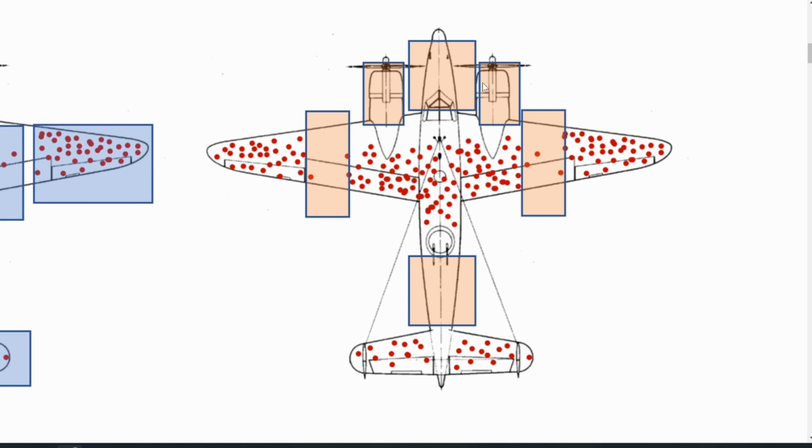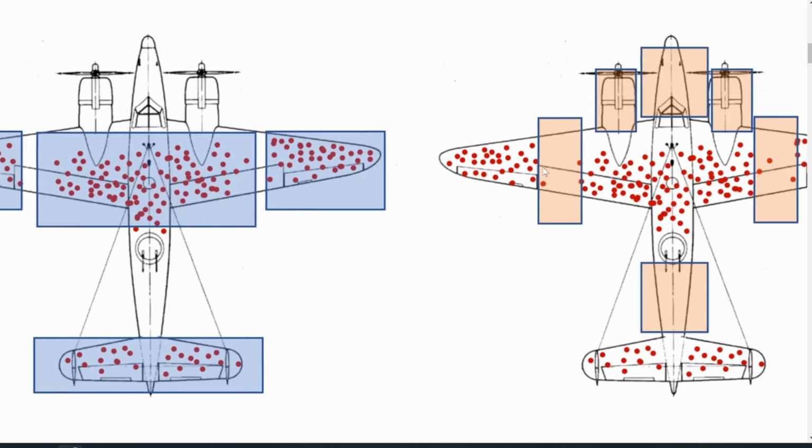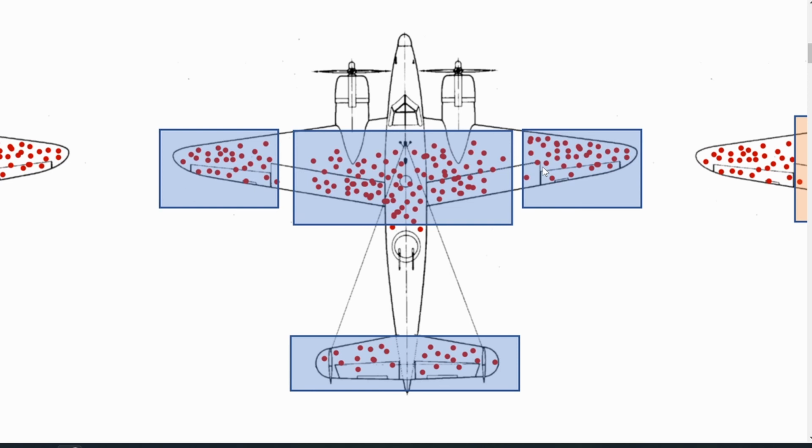Same with the cockpit, the engines, and whatever's going on in these sections of the wings. You can see there's not as many bullet holes. So this is what survivorship bias is, and we all suffer from it, because just from the initial looks of something, we all assume, hey, this is where the damage is. Let's put it here. And we forget about this.